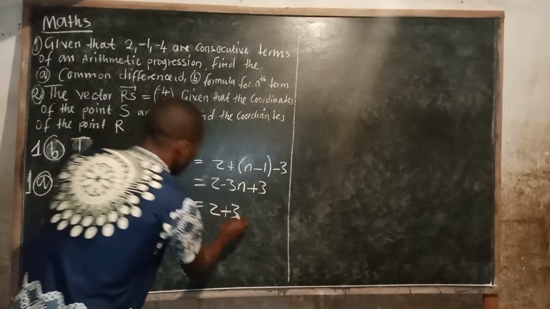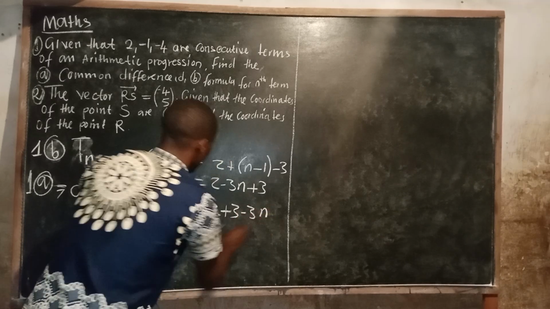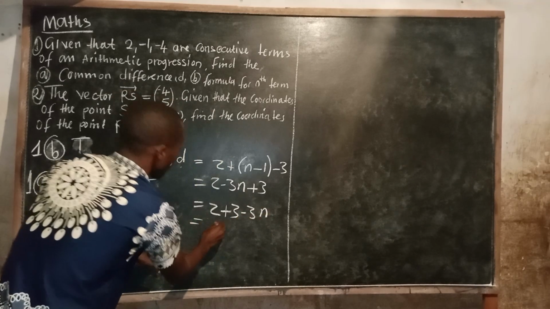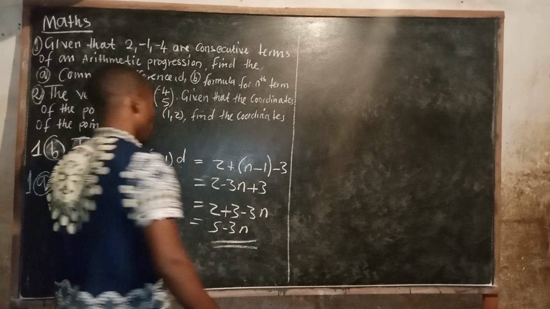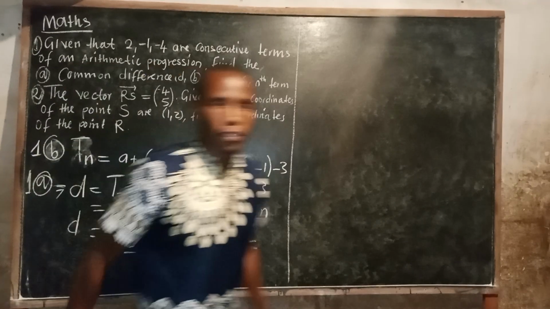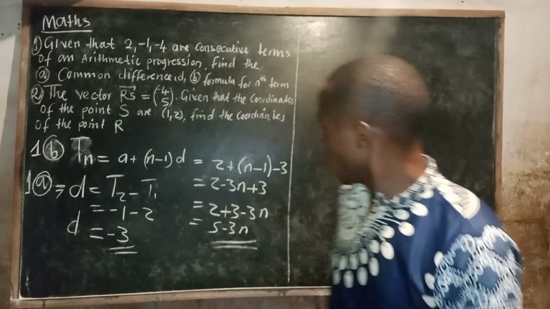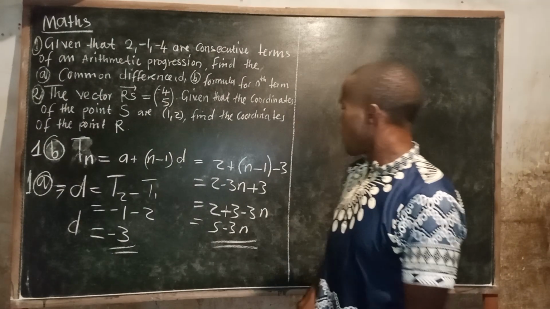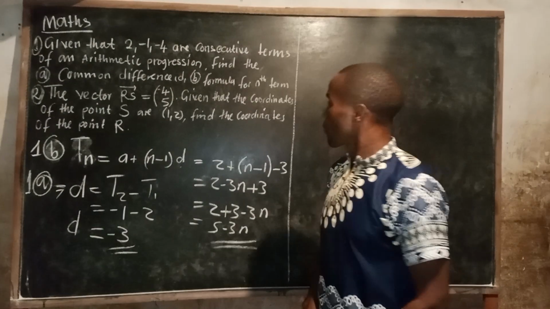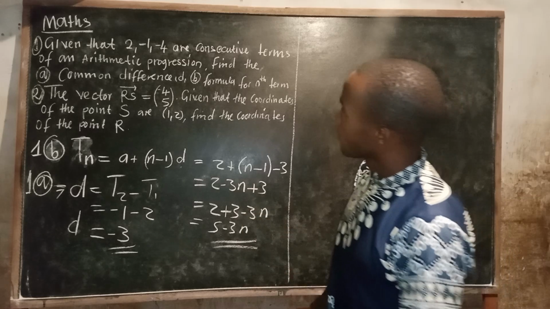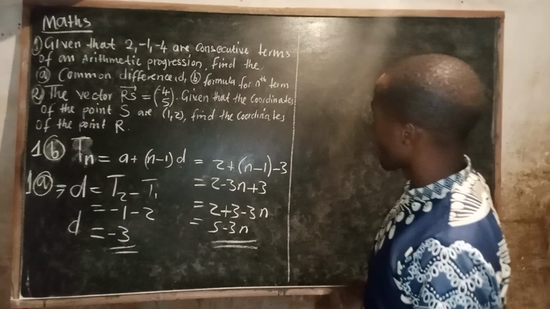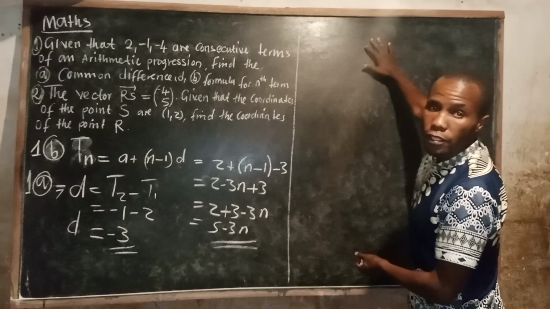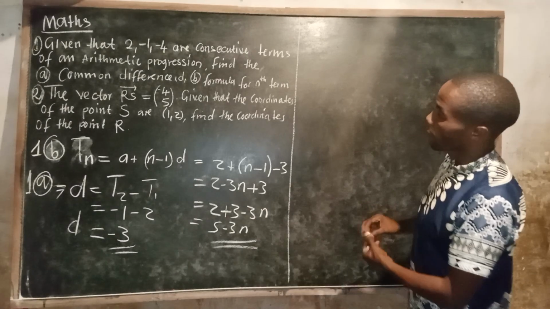So minus 3n, and when we add the constants, it's 5 minus 3n. Therefore, the formula for the nth term is 5 minus 3n. Having done this one, we have the second question under vectors, and for this one we are going to use this part.